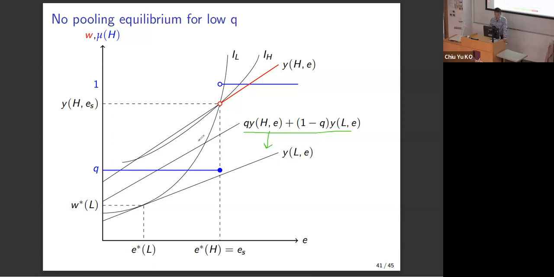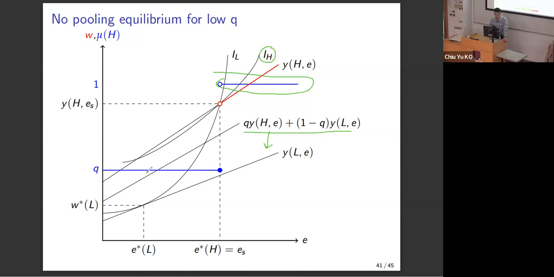Because we know that beyond it must be 1, what happens here is that the high type's indifference curve is like this, and the payoff for the high type is lower here.